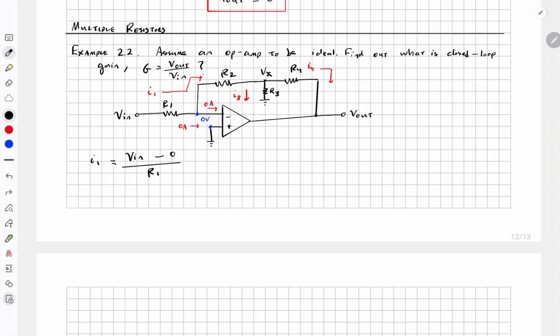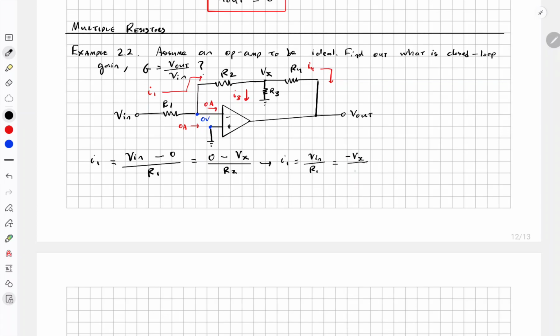So we can say it's equal to 0 minus Vx over R2. So simplify now. We say I1 is equal to V in divided by R1, which is also equal to negative Vx divided by R2.